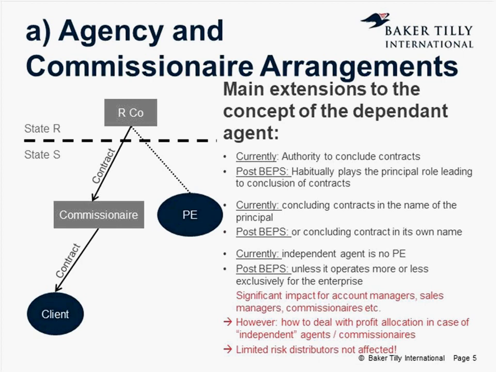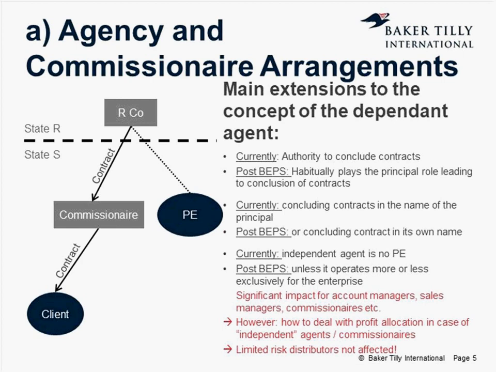And the relevant change in the concept of agency PEs relates to the exception for independent agents. Imagine that especially due to the first two changes, this exception becomes even more relevant in the future. Based on current legislation, an independent agent is by definition not a PE. This will not change. So a real independent sales manager will still not be affected by the changes.